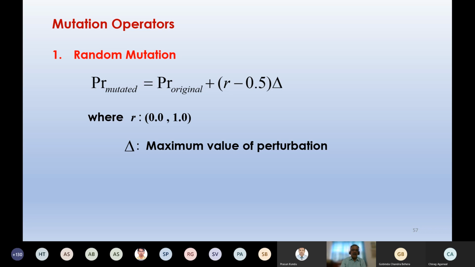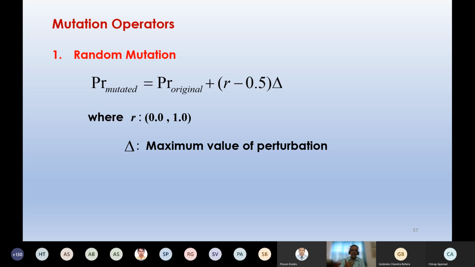What is R? R is a random number lying between 0 and 1. What is delta? That is the maximum value of perturbation. All of you know the meaning of this term, perturbation. Perturbation means dissimilarity.